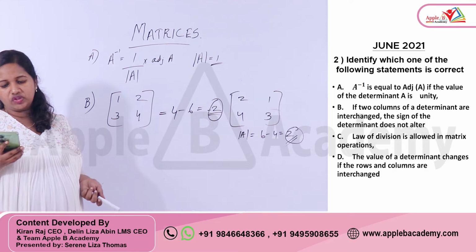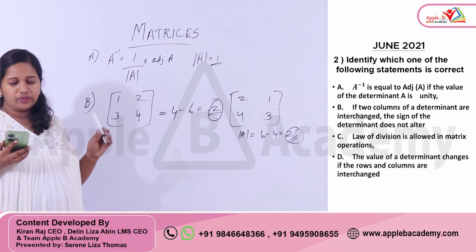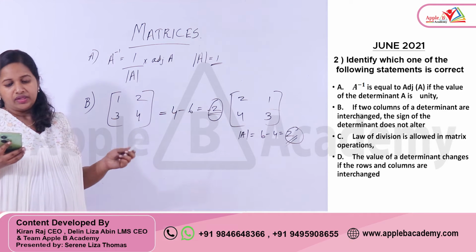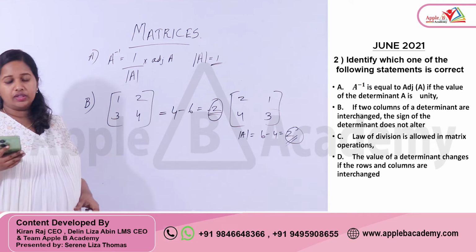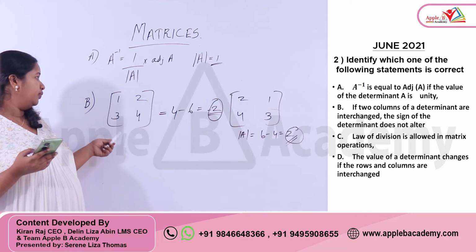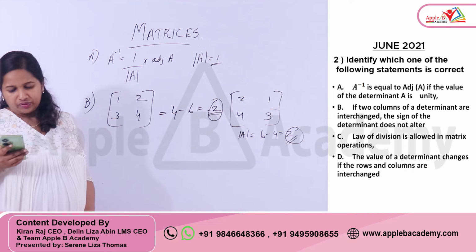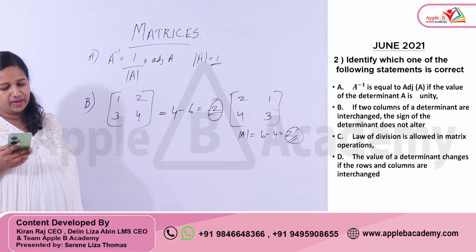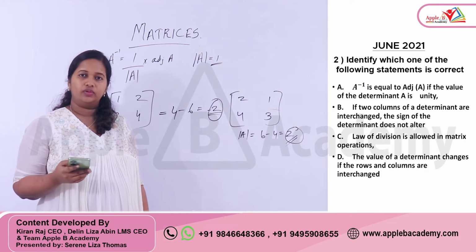Third one, law of division is allowed in matrix operations, that is also false because law of division is not allowed in matrix operations. Then the fourth one, the value of a determinant changes if the rows and columns are interchanged. Value does not change, but the sign changes. So which of the following statements are correct? Answer is A. Only the first statement is correct.